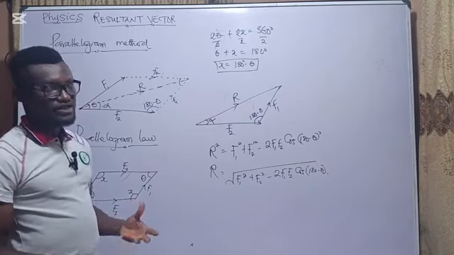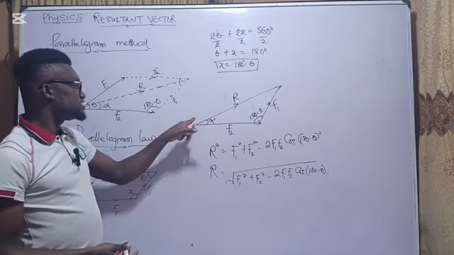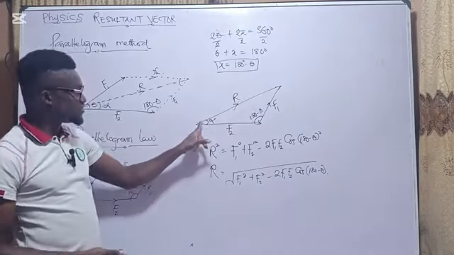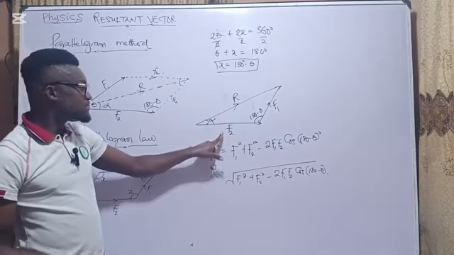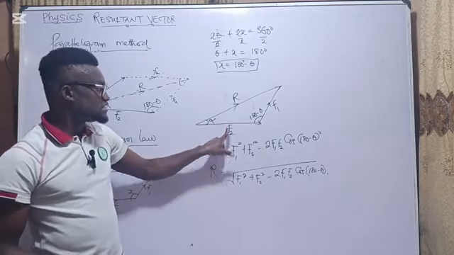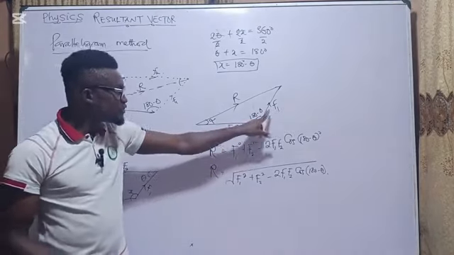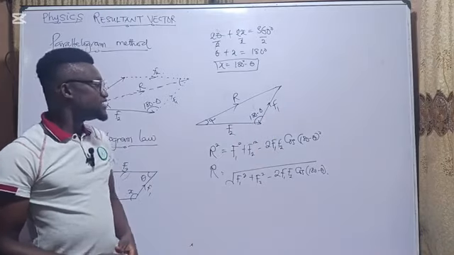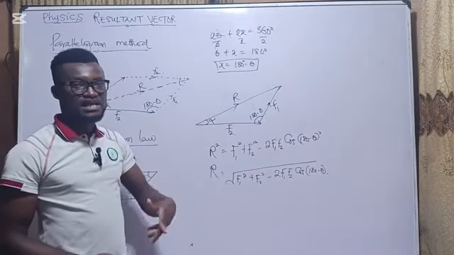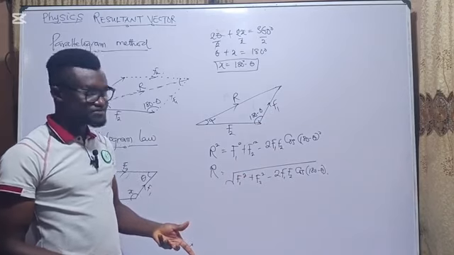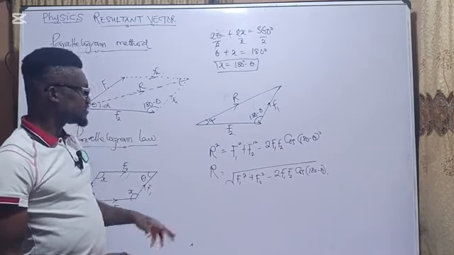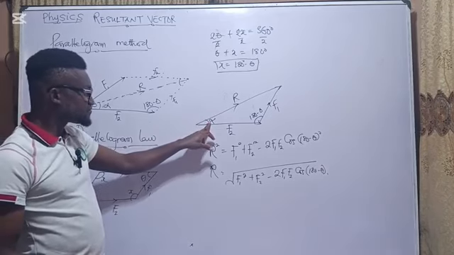Now remember what I told you. The direction of this resultant with respect to F2 implies that F2 is either greater than F1 or equal to F1. It is the larger force that will determine the direction. So in that case, we have the direction here.